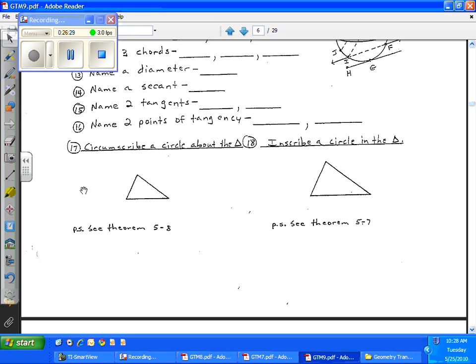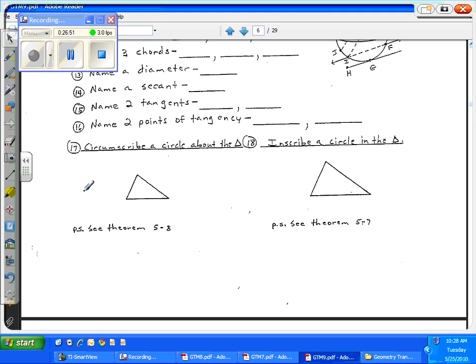Well, Theorem 5.8 says that the perpendicular bisectors of the sides of a triangle intersect at a point that is equidistant from the 3 vertices of the triangle. Now, here's how you get a perpendicular bisector.